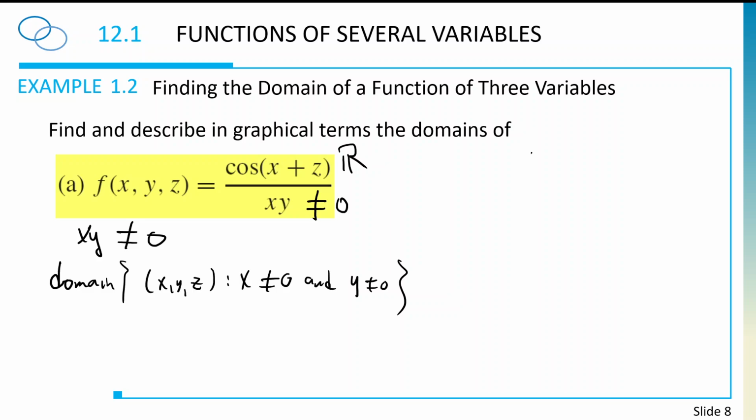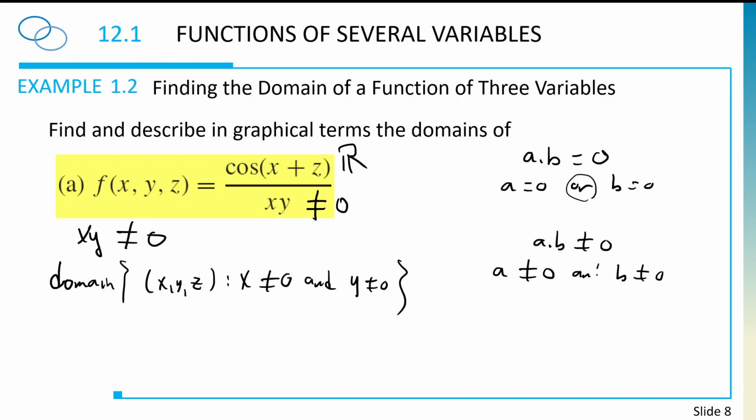What does the zero property say? If AB equals 0, then A equals 0 or B equals 0. When we do the negation, that it does not equal 0, what does it imply? That A does not equal 0 and B does not equal 0. What's the negation for OR? It's AND.